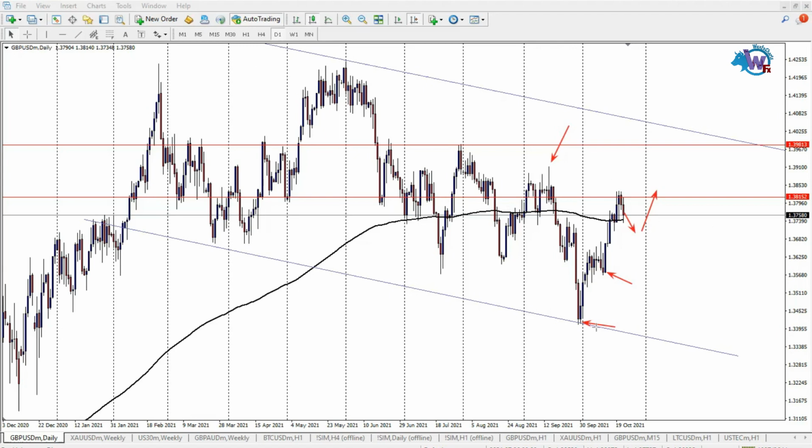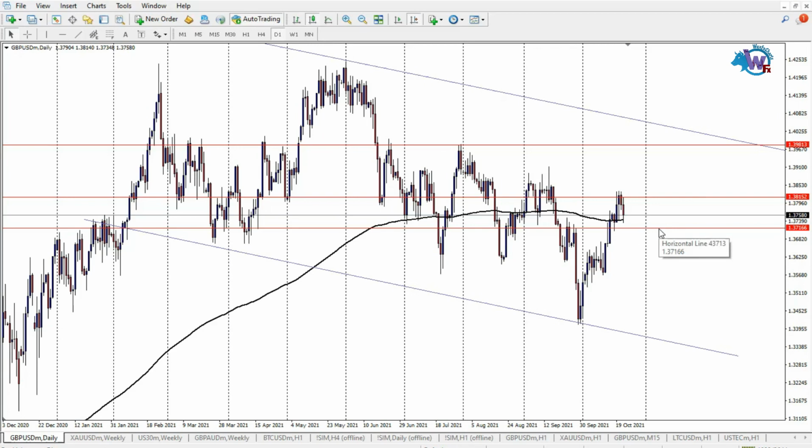A review of what we should be looking out for: we are either buying above 1.3815 or buying at a bounce off of the 1.3716 area.